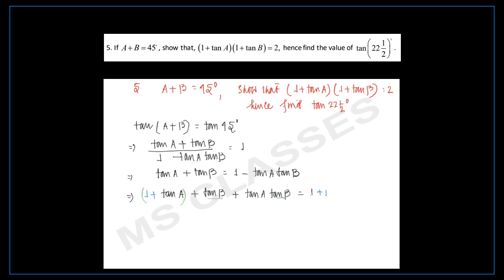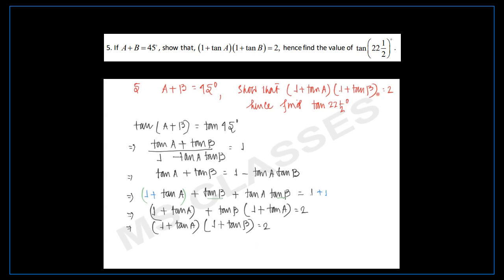So we get 1 plus tan A plus tan B common, 1 plus tan B, equal to 2. So this is (1 plus tan A) into (1 plus tan B) equal to 2.